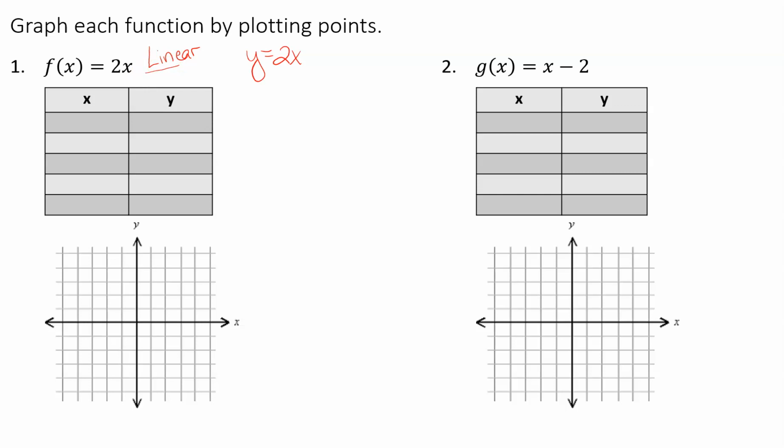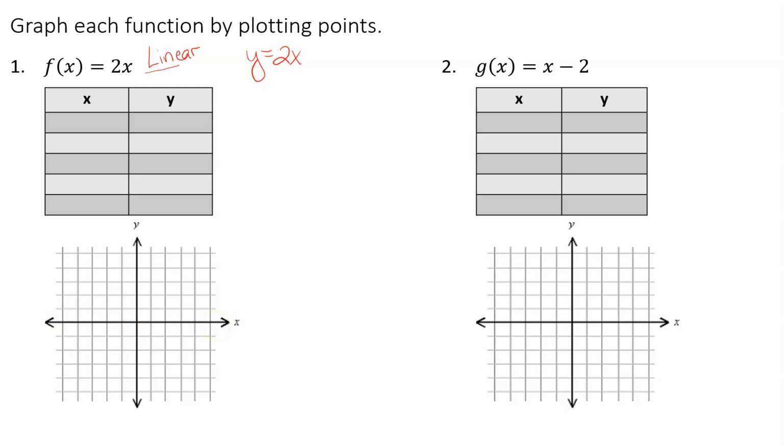Okay, so the point plotting method, you choose values of x. We could really choose any number for x. However, we want it to fit on this coordinate system that we have here, which is really just numbered from -5 to +5.